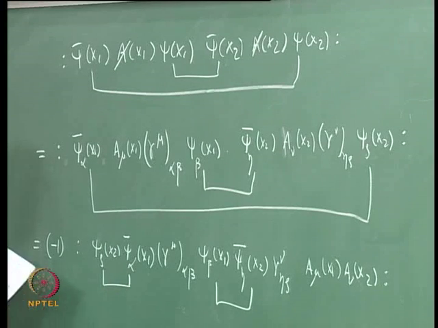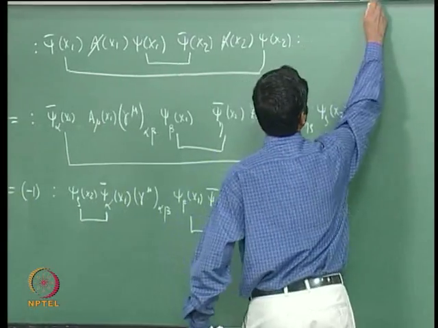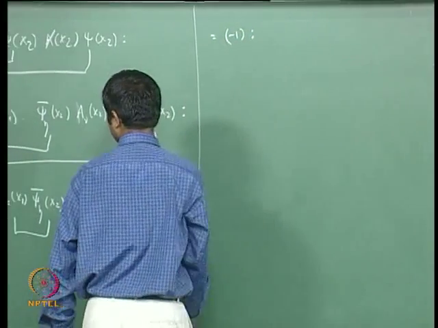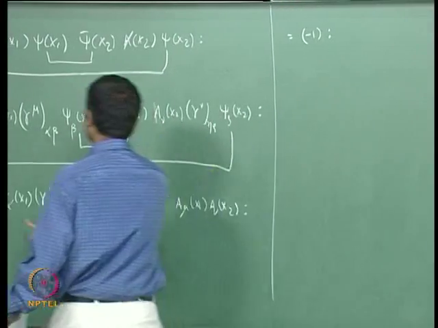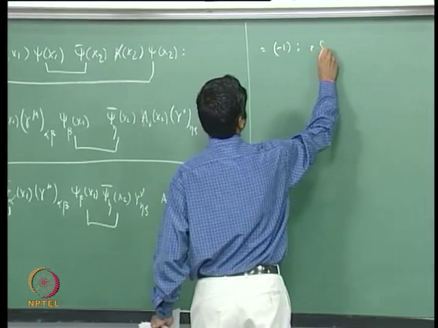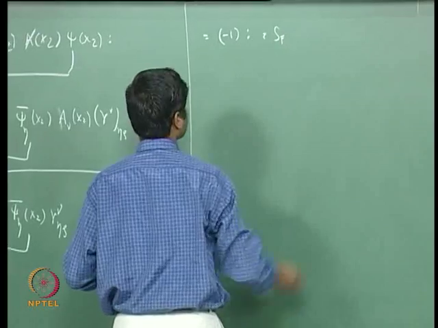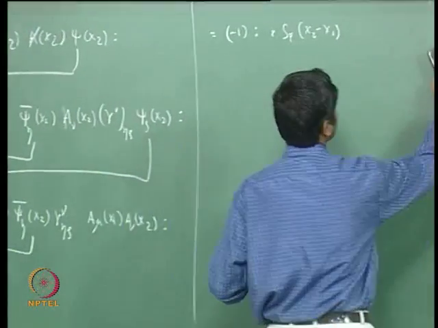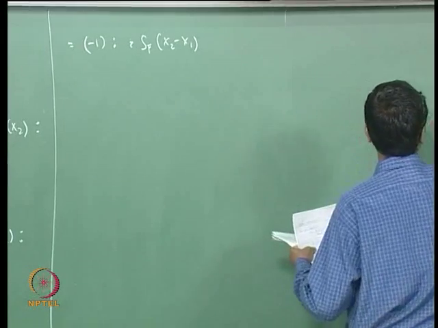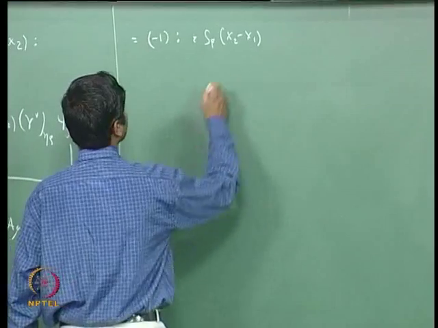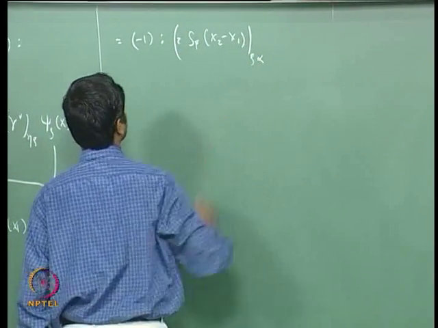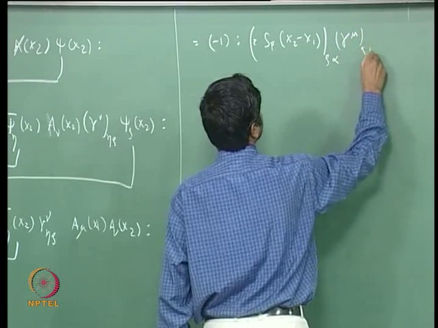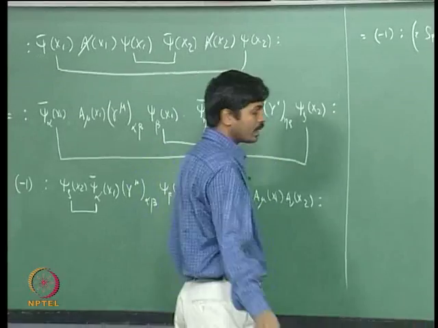So what you get here is now this term is equal to minus 1 normal order product of this, which is just iS_F(x2 minus x1) ρα, and then γ^μ_αβ, then ψ_β(x1).